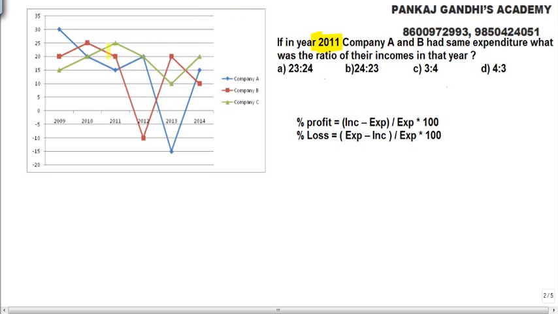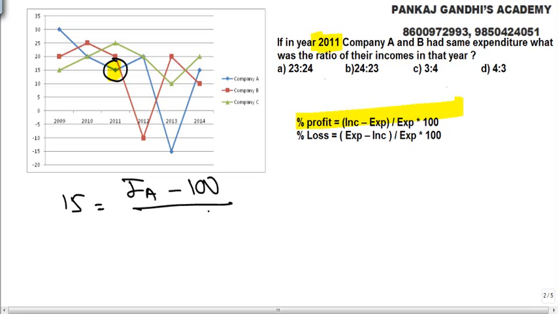A's percentage profit for 2011 is 15%. What is the formula? A's percent profit is income of A, let's say IA, minus expenditure, let's say expenditure was 100, upon 100. Formula is given.